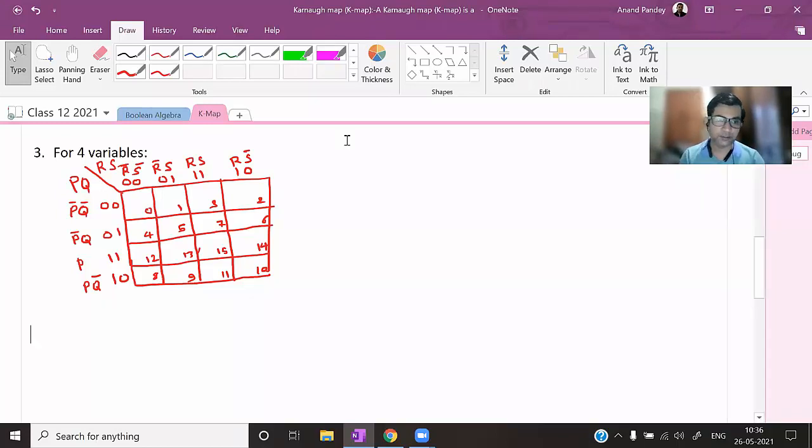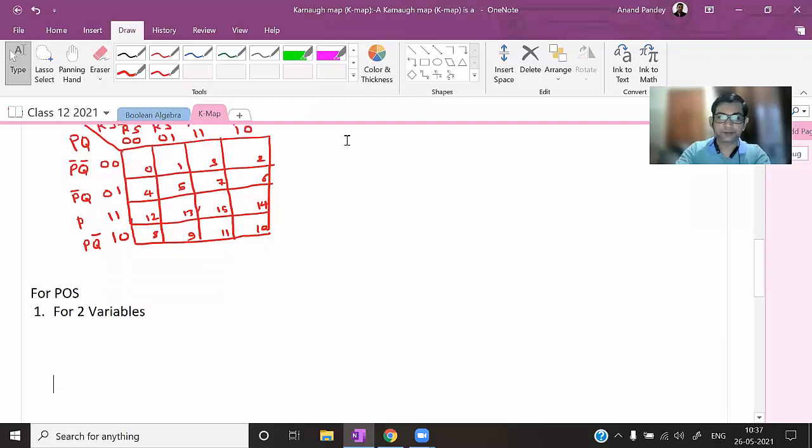I have taught this. Now I'm going to teach you for POS. Please write down the heading for POS. Okay. In this, first I will teach you for 2 variables, 2 propositions to be drawn.